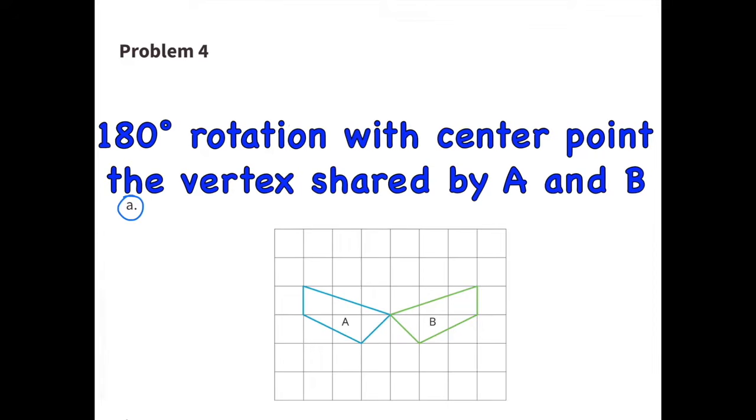A. 180-degree rotation with center point the vertex shared by A and B. Another transformation could be a reflection across the vertical line that runs through the vertex shared by figure A and figure B.